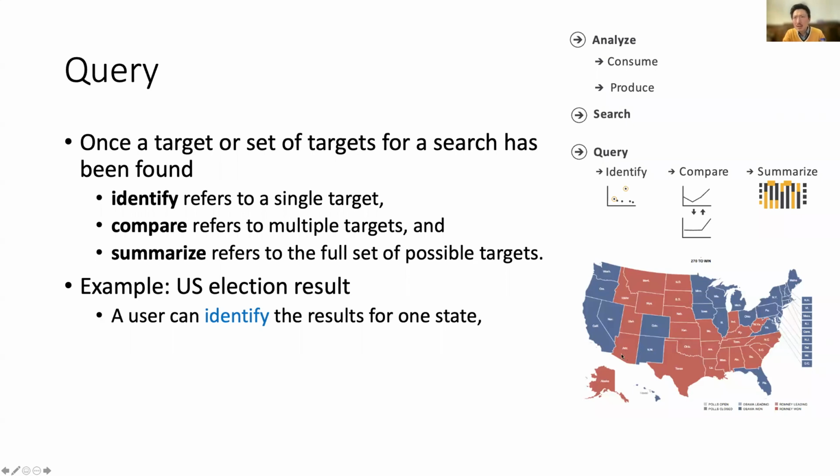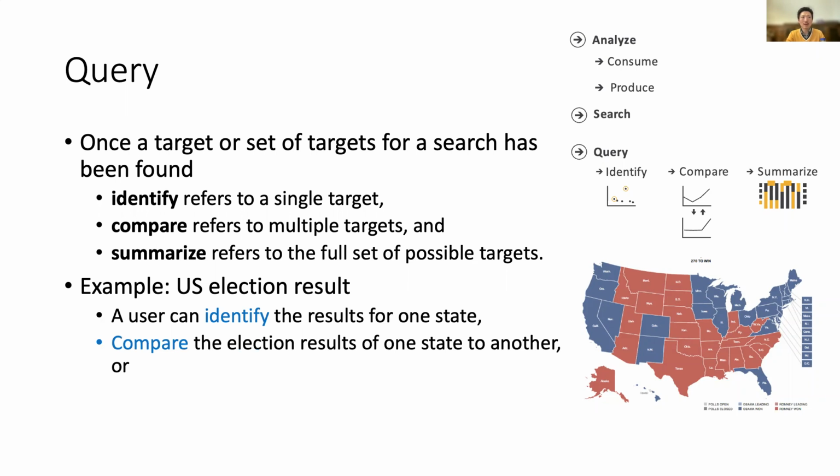I think it says Arizona, and it's red, and that voted for Republican. So you're looking at the results for individual targets, and that's identify. Compare means you can compare the results of different states. For example, here this one is red and that one is blue, so that's the difference. Or these two are the same, they're both red.